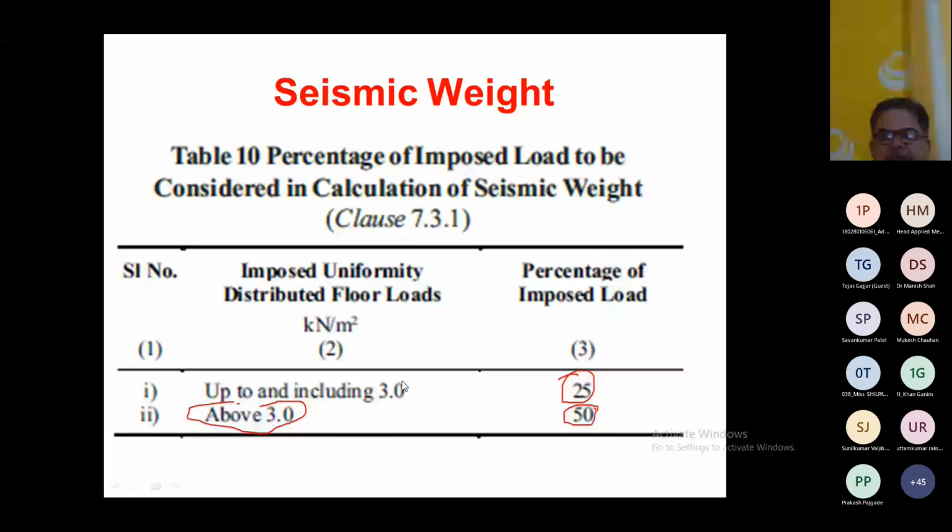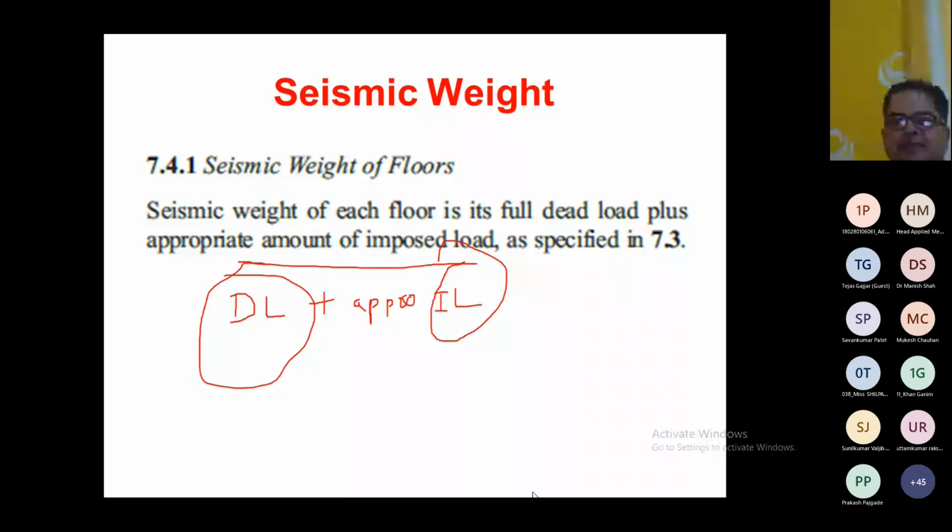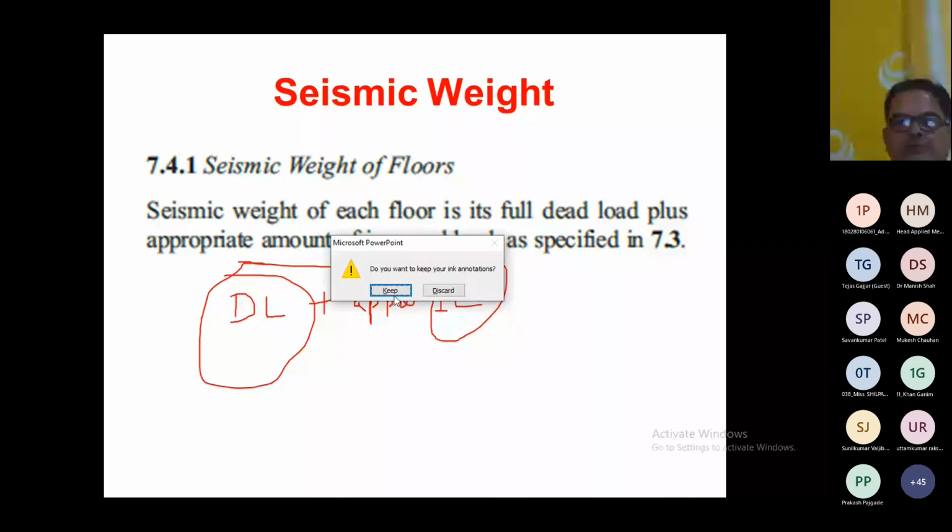Now what is the reason behind it? Why are we considering the reduced live load? Can anybody explain this? Why are we talking about the reduced live load or reduced imposed load? We are not considering the full imposed load or full live load. What is the reason? Anyone can explain?